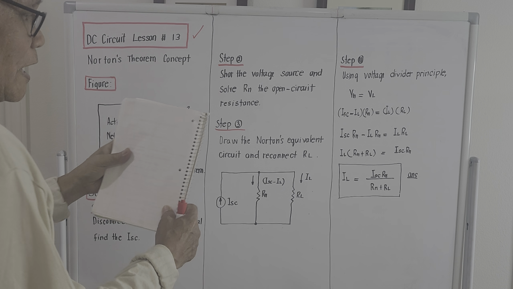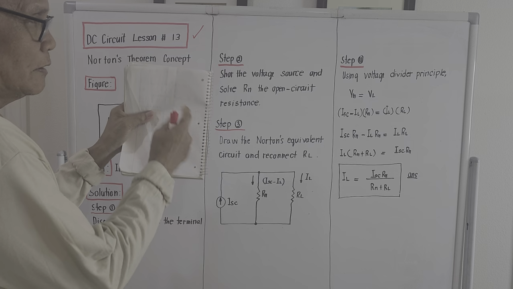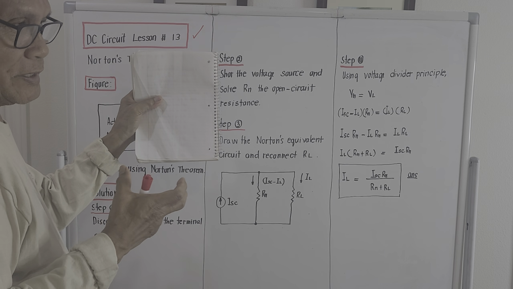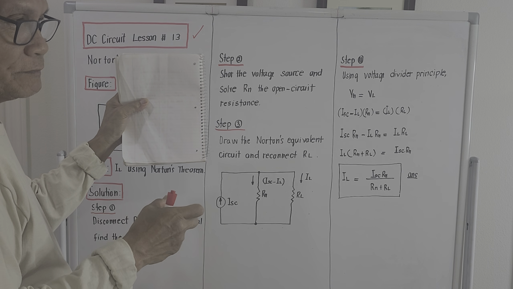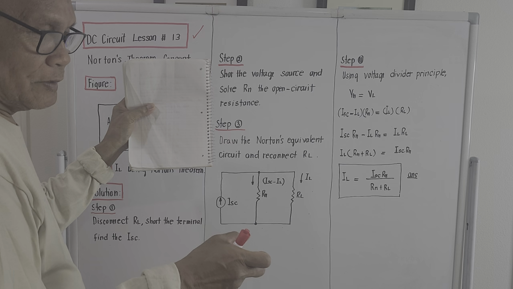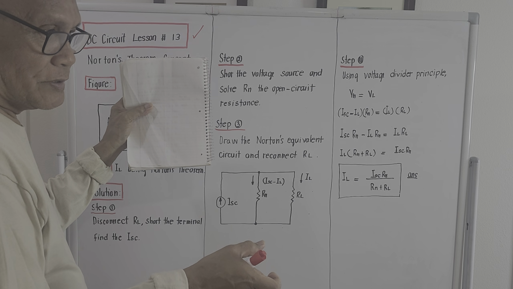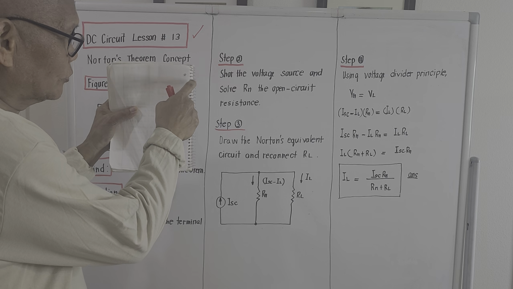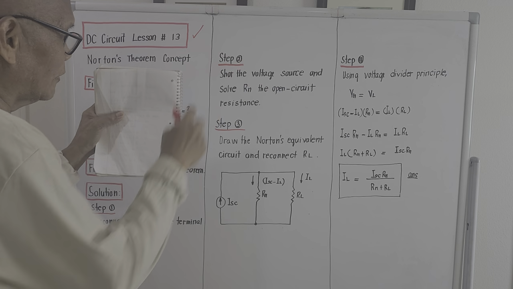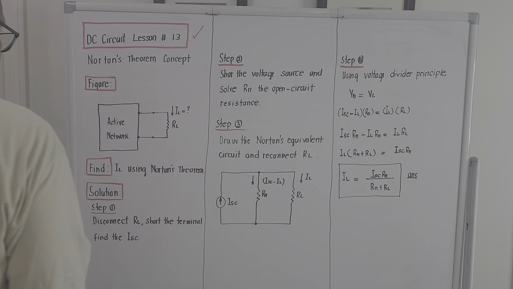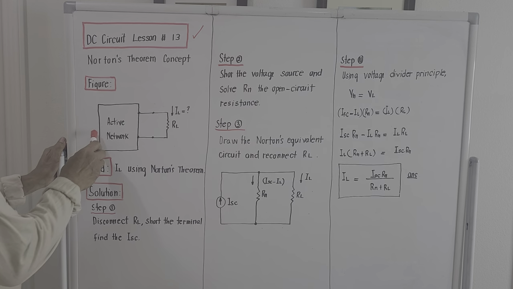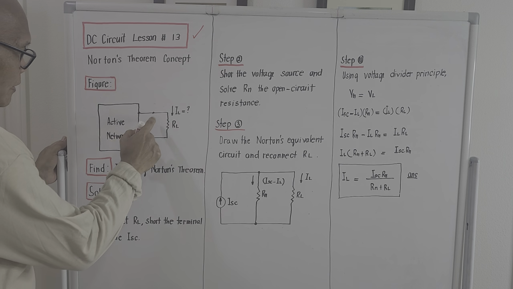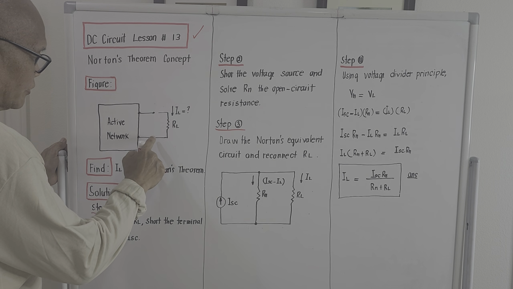This could be the active network. An active network is actually a network that contains a voltage source and some resistances inside. And the two terminals are actually available. Like this one here. This will be the active network. And this is the existing terminal.